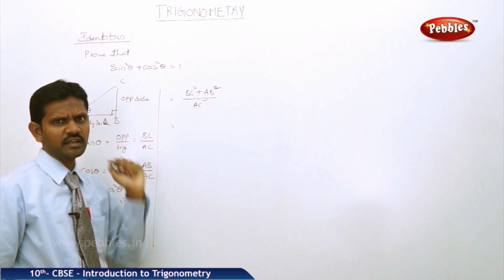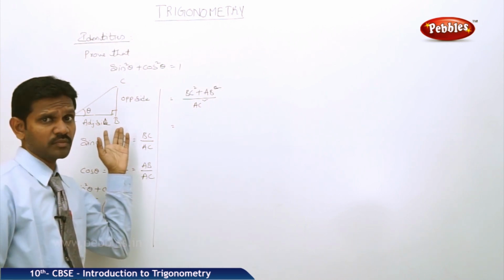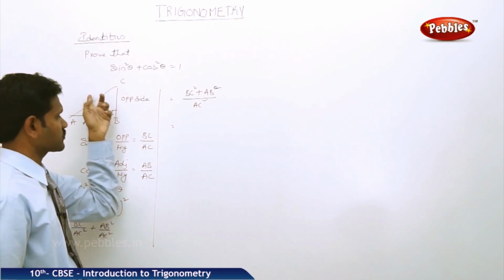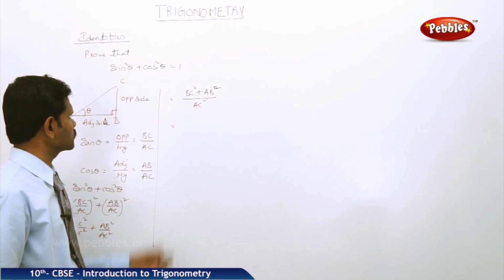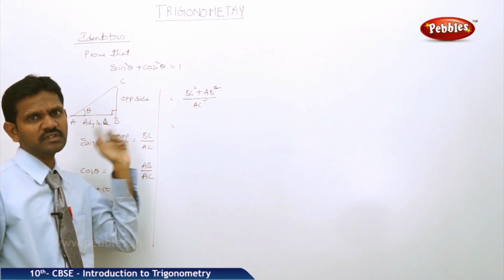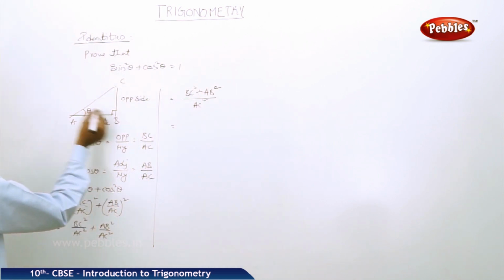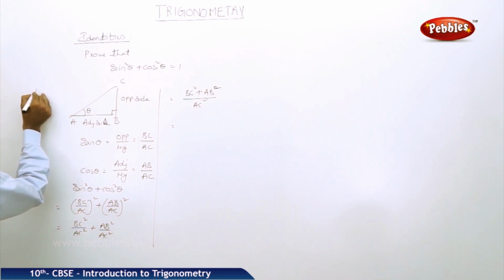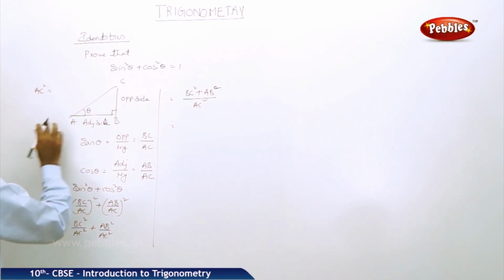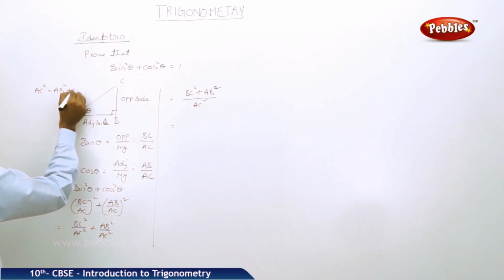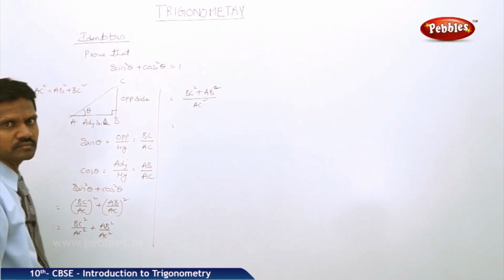It is a right angle triangle. In a right angle triangle, from the Pythagoras theorem you know very well that the square of the hypotenuse is equal to the sum of the squares of the other two sides. I will write the identity here: AC square, the hypotenuse, is equal to AB square plus BC square.